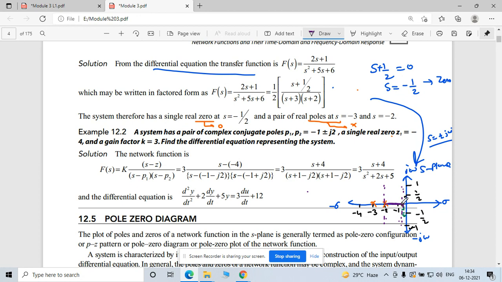OK, so in this plane, for this real axis, your root locus lies.